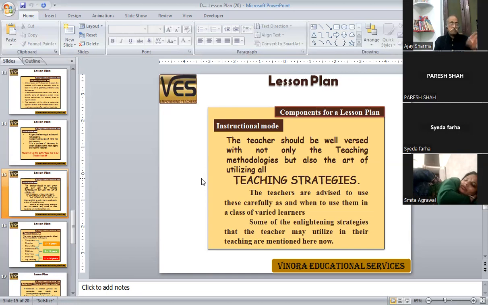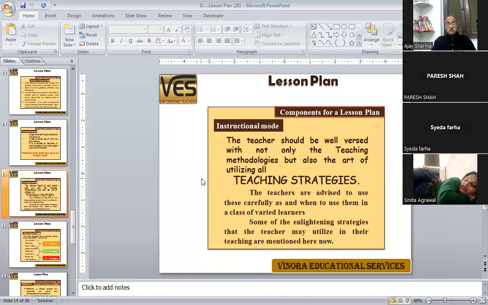Just probably first week of March. You see, learning styles are different. So the instruction mode should also be different.